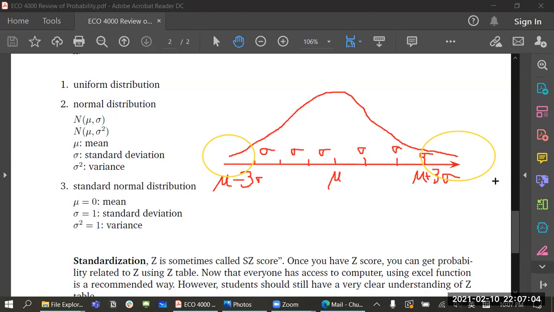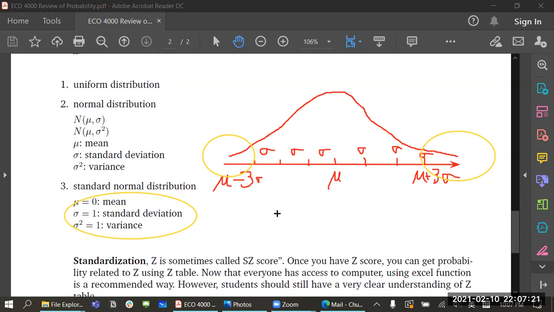I think most people understand what I'm talking about, because normal distribution is a huge part. What happens when mu equals 0 and sigma equals 1? We call it the standard normal distribution.